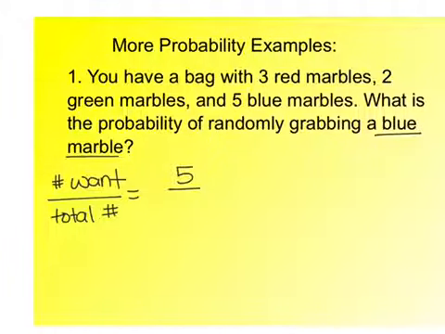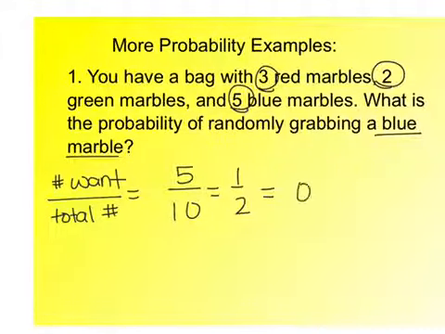Total then, I have 3 plus 2 plus 5, which gives me 10 total. So reduced down is 1 over 2, which as a decimal is 0.5. So the probability of me grabbing a blue marble in this example is half. Half of them are 50%.